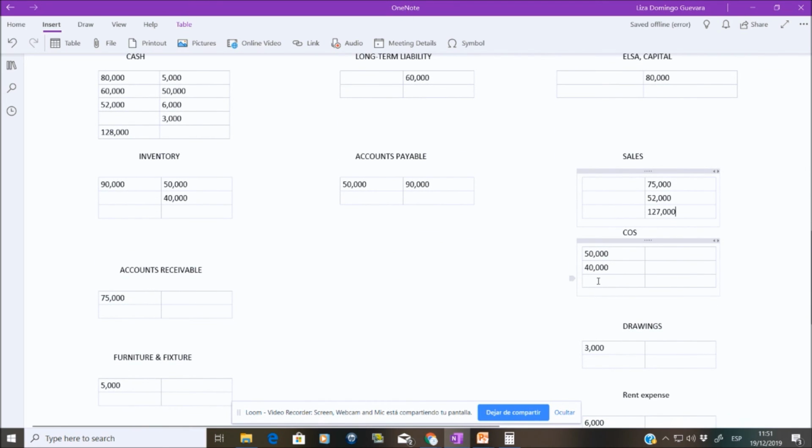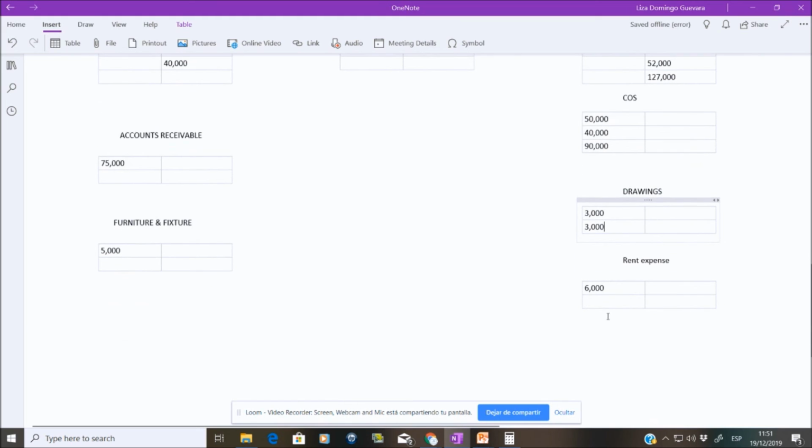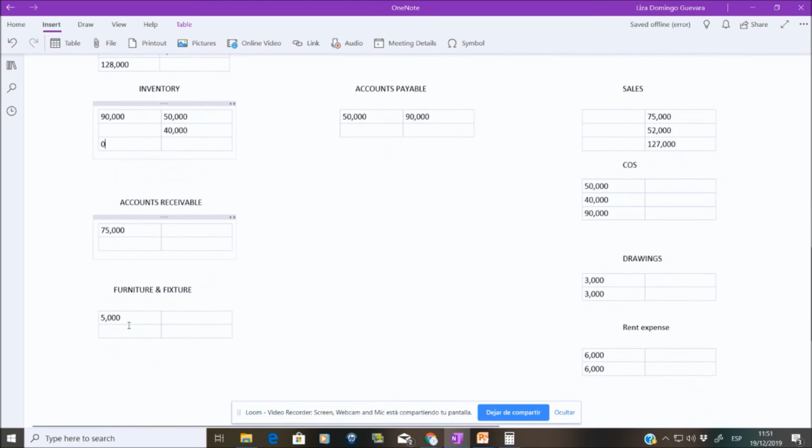Your cost of sales is 90. Your drawings is 3,000. Your rent expense is 6,000. Your inventory is 0. Your accounts receivable is 75. Furnitures and fixtures is 5.